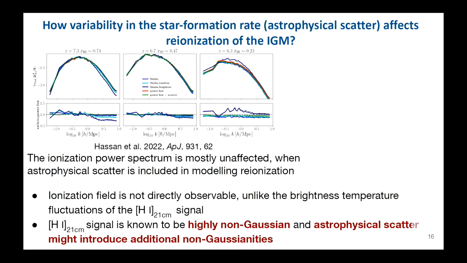However, Kanan Dutta here proposed that maybe this scatter introduces additional non-Gaussianity in the signal, and the power spectrum, being a two-point correlation function, would not be able to detect that non-Gaussianity. So maybe we should look at higher order statistics after including this particular scatter in our signal.